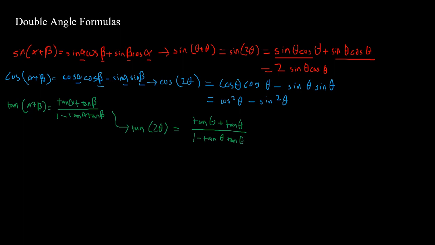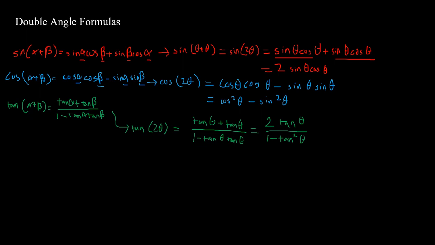Now, tangent theta plus tangent theta is just going to be equal to 2 tangent theta, because multiplication is just repeated addition. And where tangent theta is multiplying itself, that's just tan squared theta. So these are basically all the basic forms of the double angle formulas.